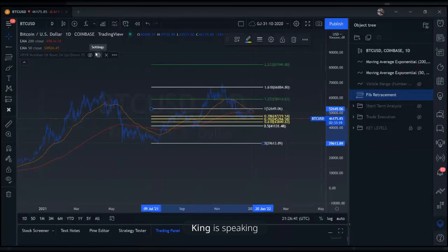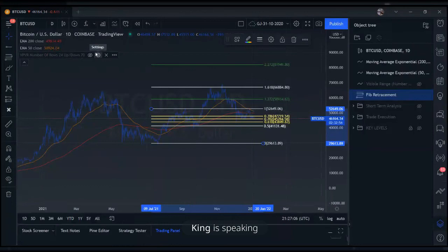You can use other people's analysis as well, but within yourself and your own analysis, you want to build what is called confluence. So confluence is just a number of different methods of analysis that give you a bias towards your trading idea.